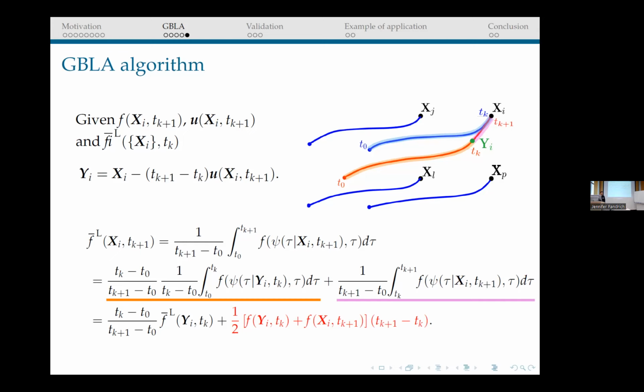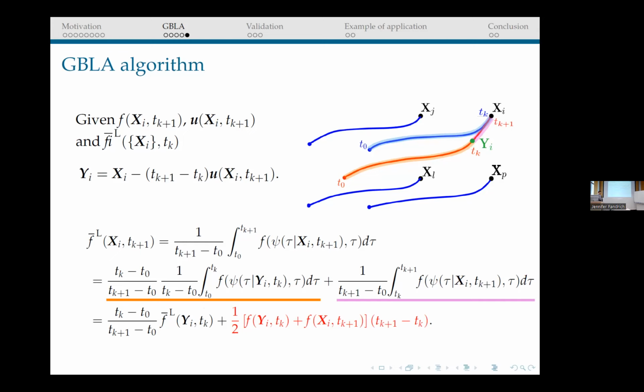And then the second step, using the velocity at the new time, you go backward in time and calculate the position of yi for all the grid points. And then the third step, you calculate the Lagrangian mean of the first bits of the red trajectories using interpolation.